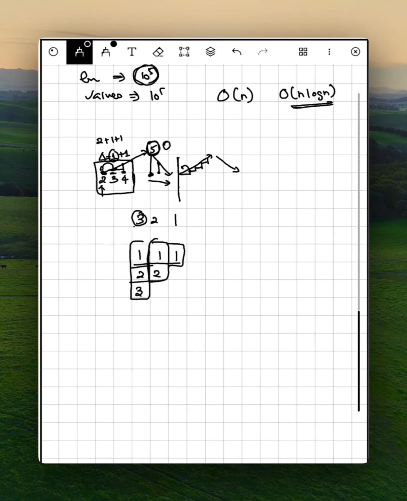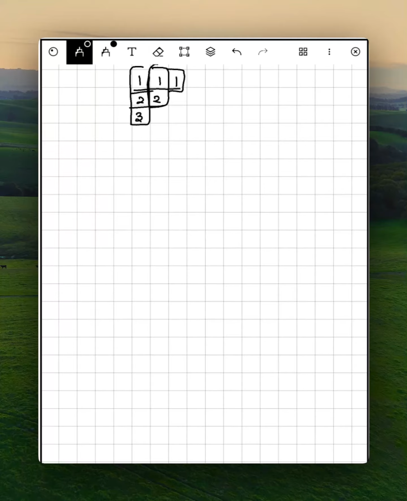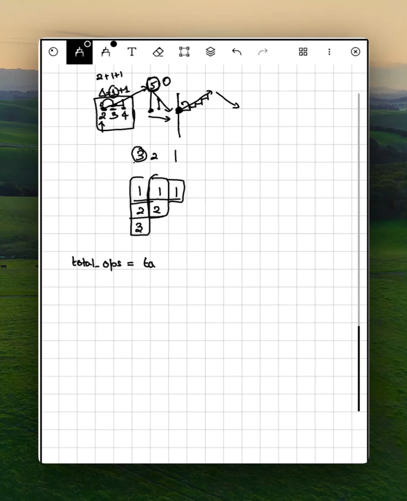The code is quite simple if we get the intuition of solving this in this format of ascending, descending, and creating the breakpoints. So let's write the code. My total operations is equal to the first value, because we are going to assume that we are starting at this point. There is a possibility that from that point we increase or decrease, it doesn't matter, but we have to start at that point.